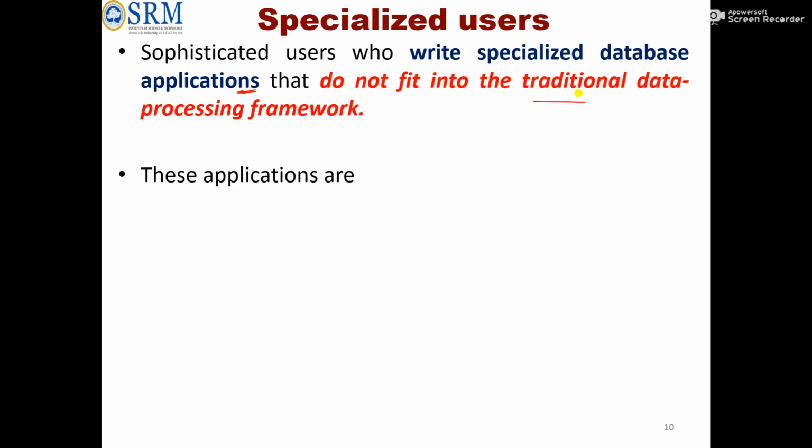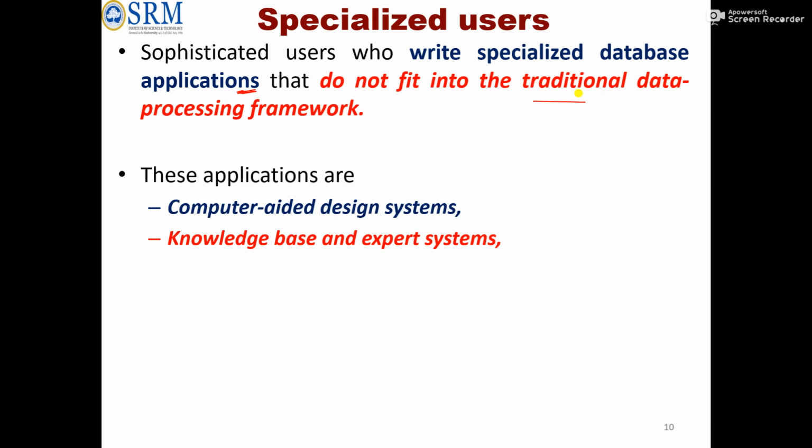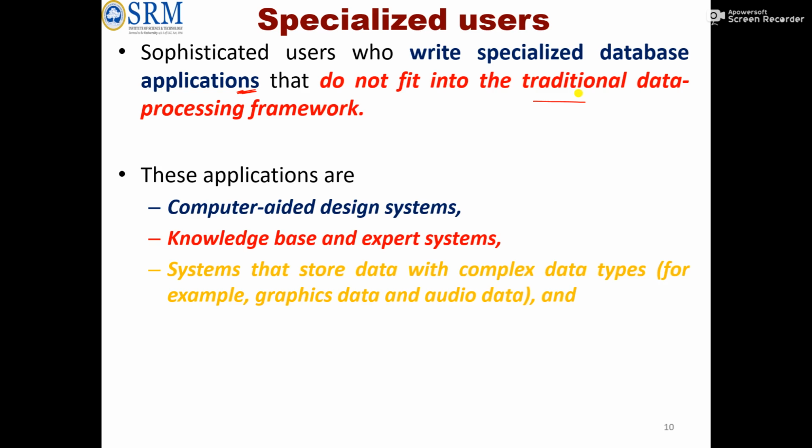Right? So what are the things called specialized database applications? One is computer-aided design systems, knowledge base and expert systems, and systems which store complex data like graphics data and audio data.